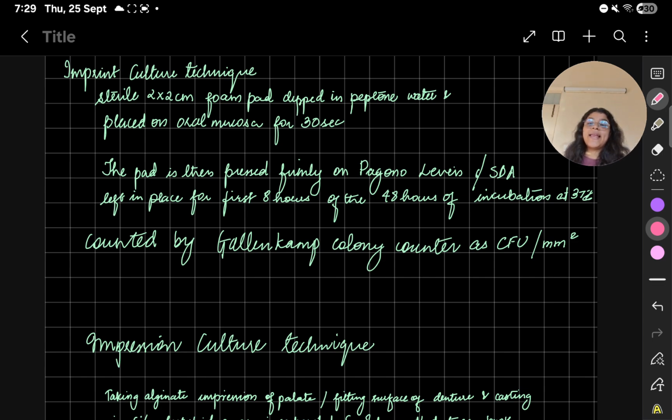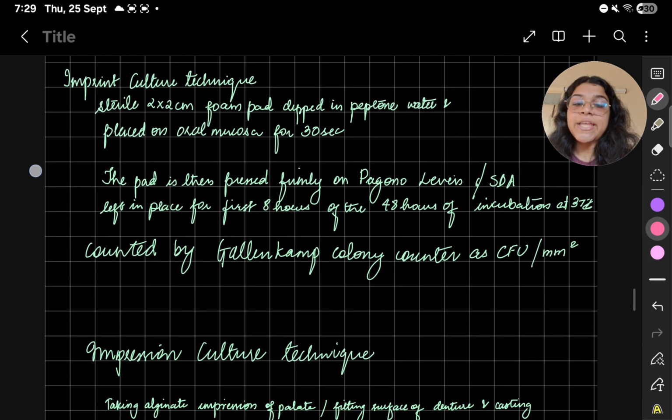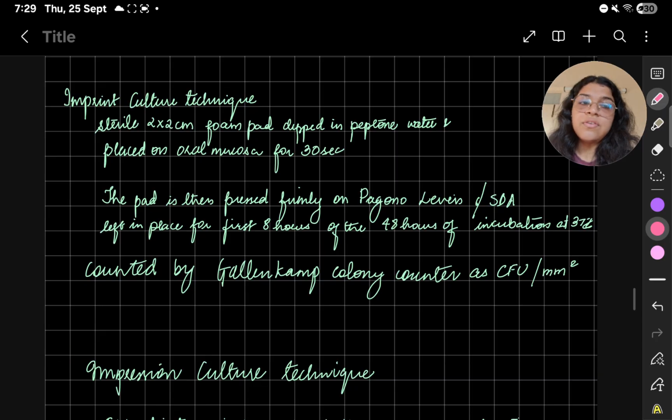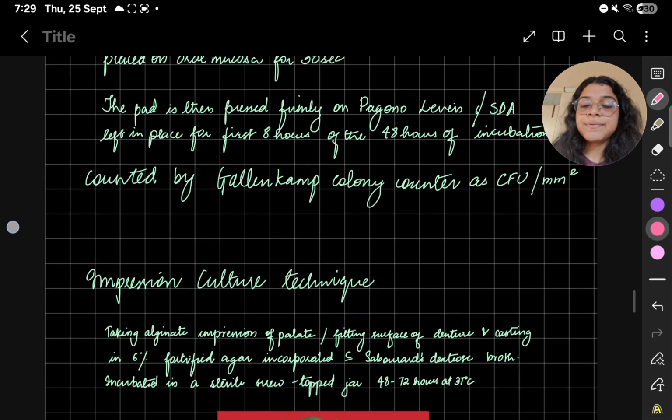Then colonies are counted by a Gallenkamp colony counter as colony forming units per millimeter squared. So this is one way of the imprint culture technique, in which you imprint that swab pad.